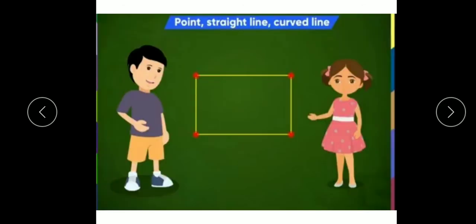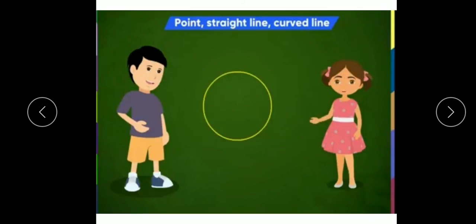Now children, shapes are created by connecting lines. This is your rectangle. It has 4 sides and 4 corners, and all the 4 sides are straight lines. This is your circle. A circle does not have any corner or side, so it is made up of only a curved line.